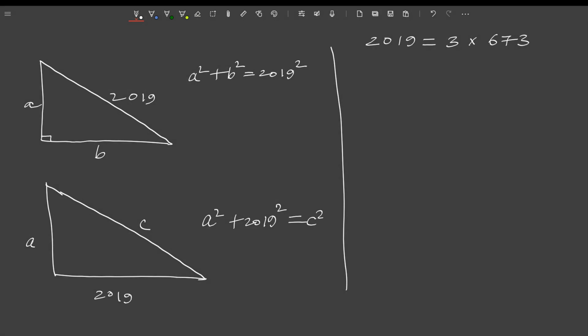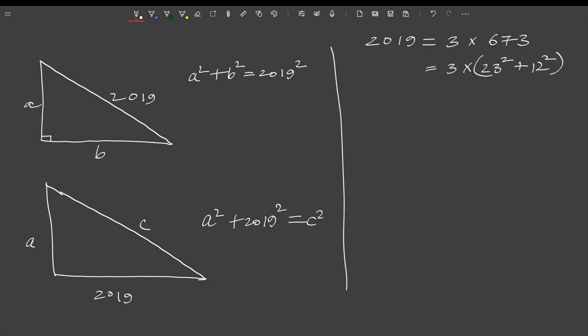2019 can be factorized as 3 times 673. What I will do next is express 673 as the sum of two squares. 673 is a prime number and it can be written as the sum of two squares.